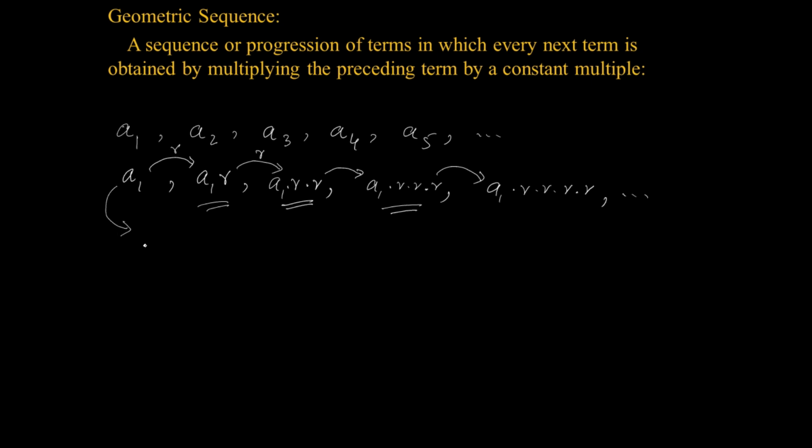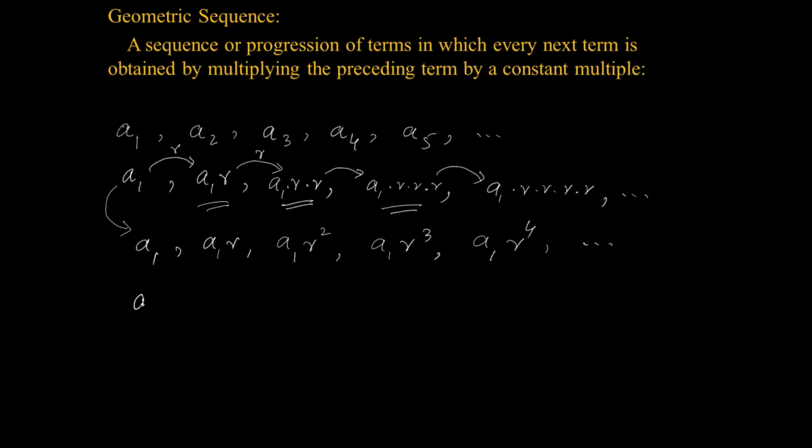Now I can also write these as a1 r, a1 r square, a1 r cube, a1 r power 4, and so on. What is this?